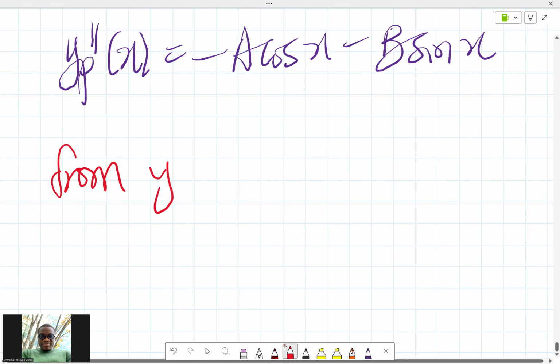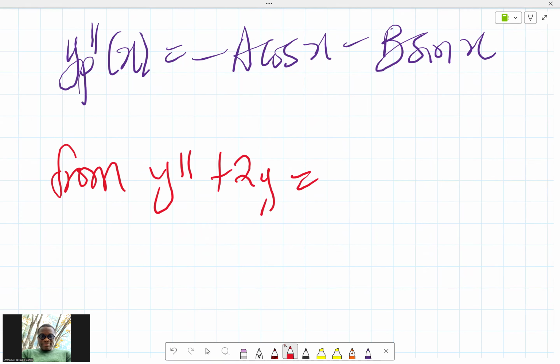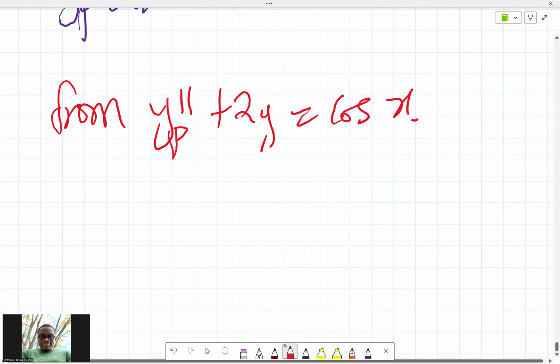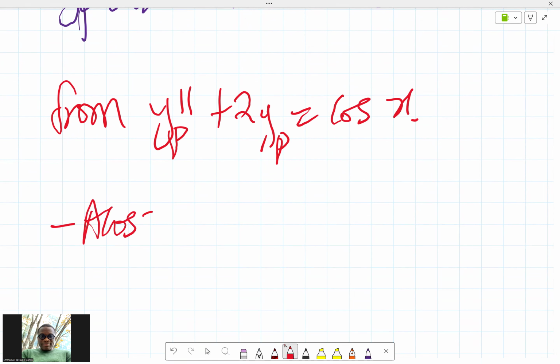So from y prime prime plus 2y equals cos x, what do we get? We can say yp prime prime plus 2yp. So yp prime prime is minus a cos x minus b sine x.